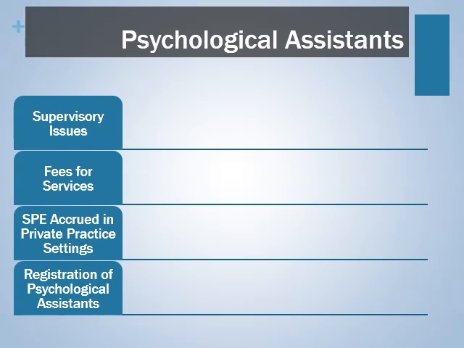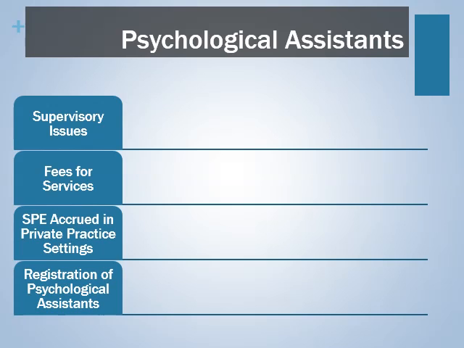But it needs to be a psychologist or a board-certified psychiatrist. Fees: you cannot provide services for a fee, but they can pay your supervisor. And if you advertise, you have to note that you are supervised, with your registration number and the name and license number of the supervisor.